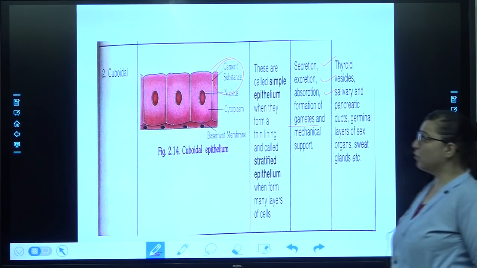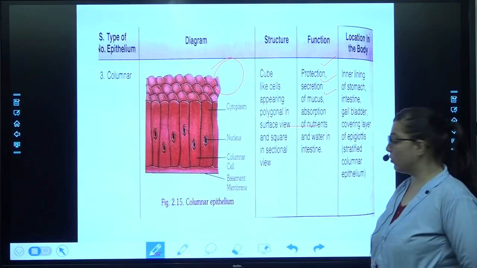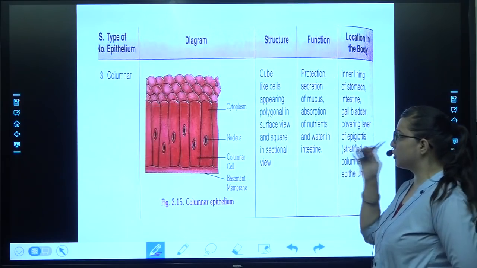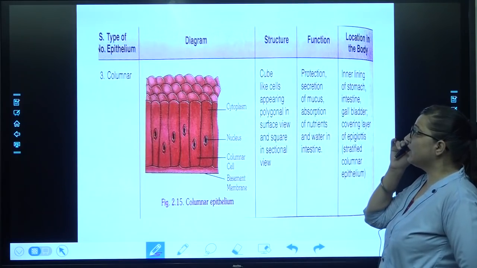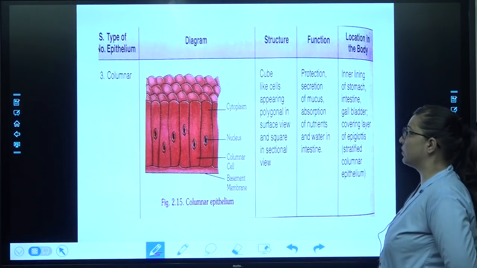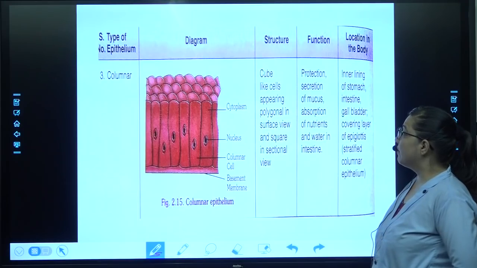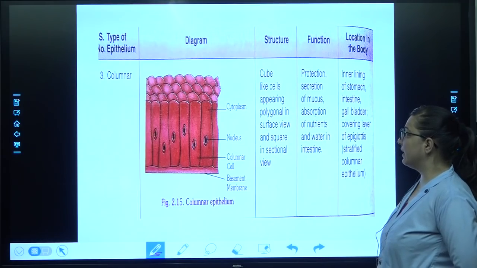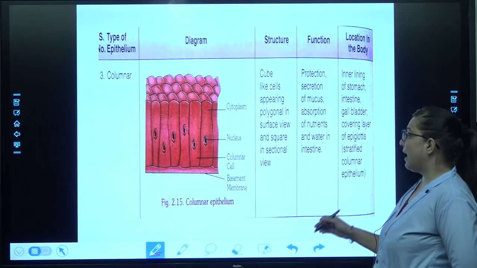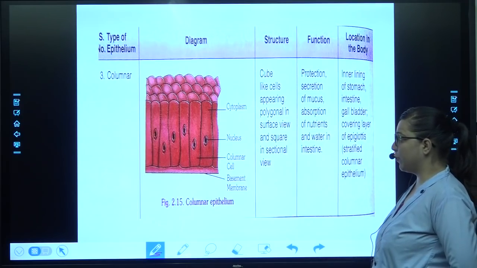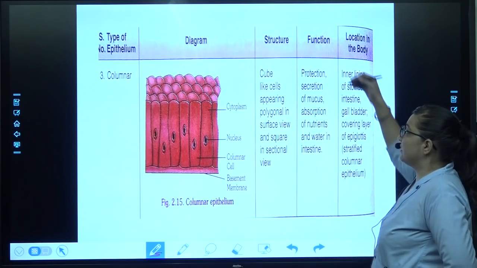Now let's move on to the next type of tissue, which is columnar tissue. You can see over here how the columnar tissue is arranged. Again, they are cube-like cells which appear polygonal in the surface view and square in the sectional view. What is their function?